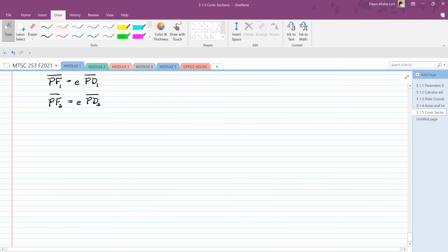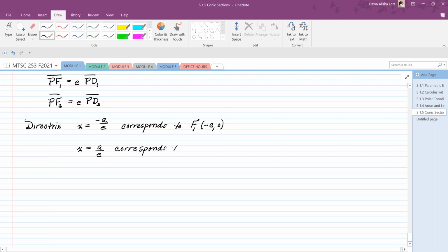So the directrix x equal to minus a over e, you can find that corresponds to the focus F1 at negative c, 0, and the one that's x equal to positive a over e corresponds to F2 being positive c and 0.